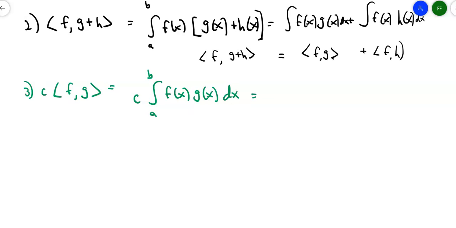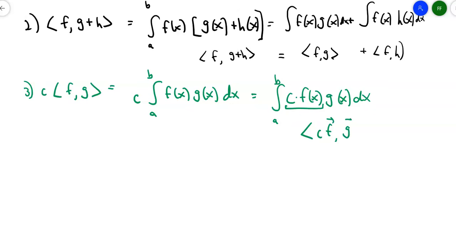Well, isn't that the same thing as saying the integral from a to b, and move the scalar to the inside of the integral, c times f of x times g of x? So basically this becomes the first term of my inner product. So that is equal to the scalar times the first vector operated with the second vector. So sure.